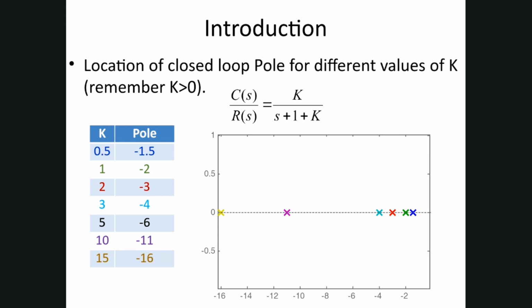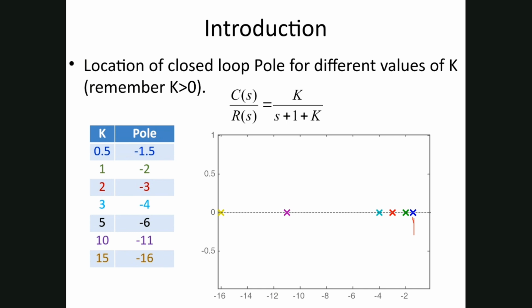Okay, so now you can see, let's say I'm taking different values of K. Let's assume first K is 0.5. In that case, your pole will be s + 1 + 0.5, so s = -1.5, and -1.5 is here, this one.